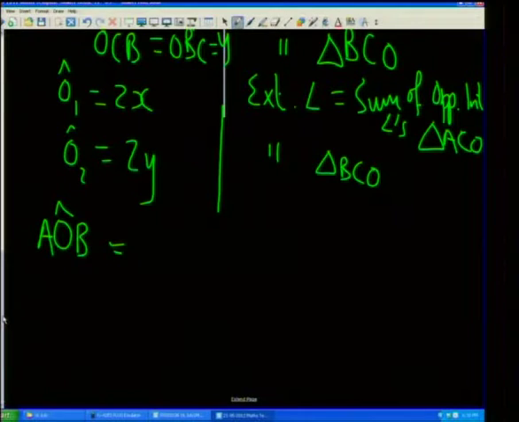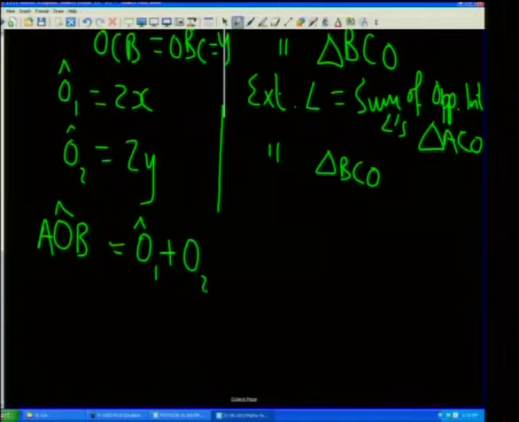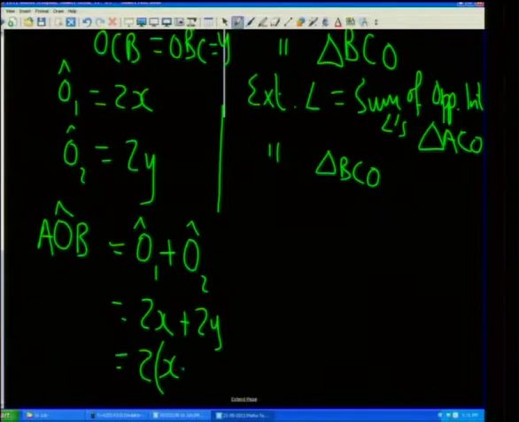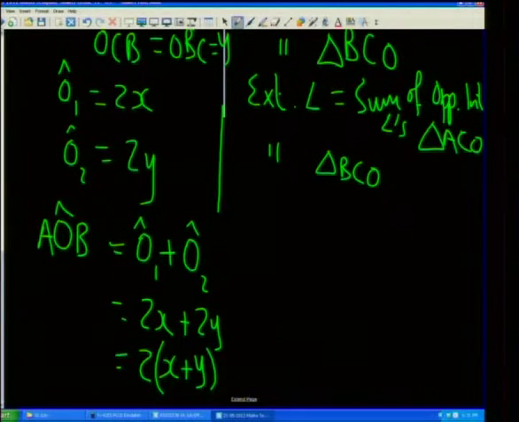But AOB is equal to O1 plus O2. That adds up to 2x plus 2y. If you take out a common factor of 2, you've got 2 into x plus y.